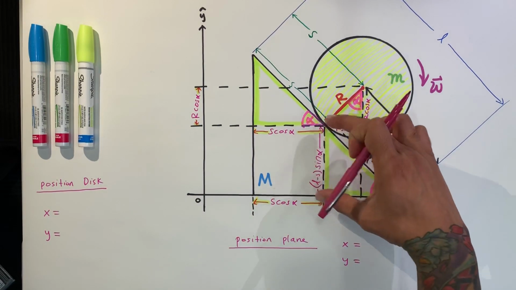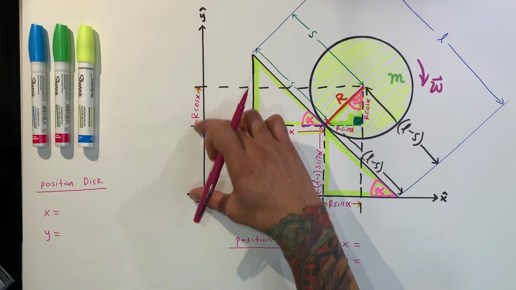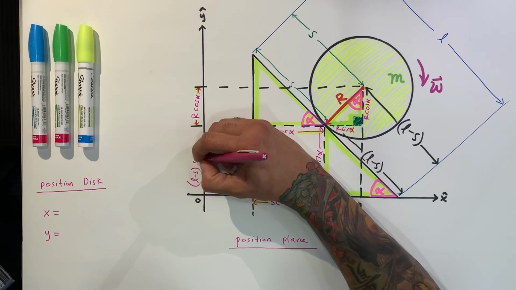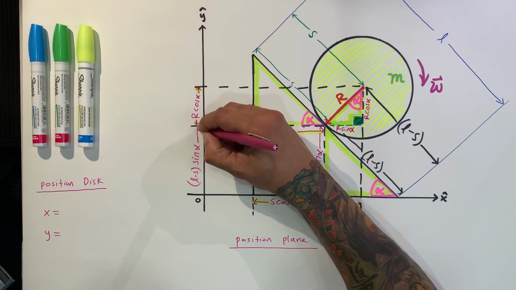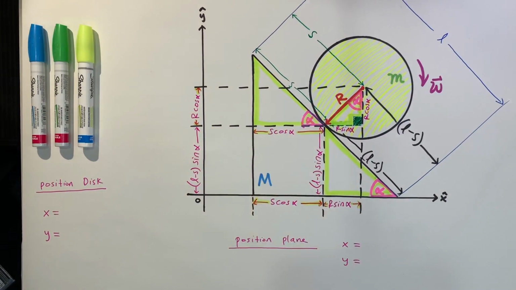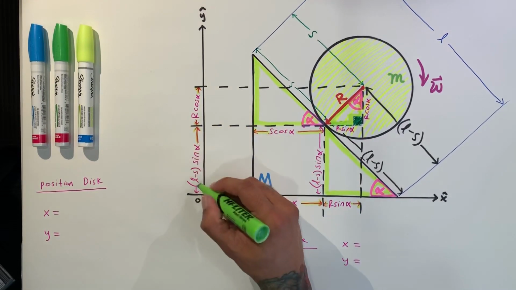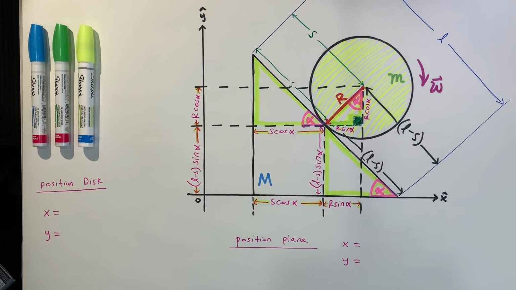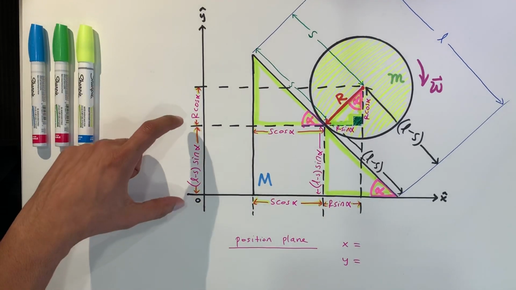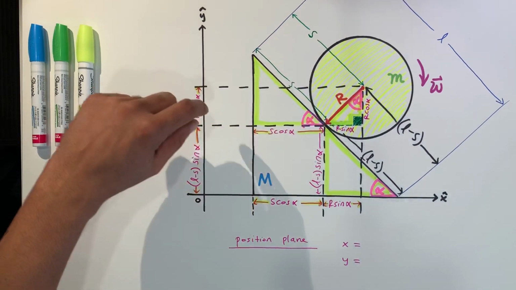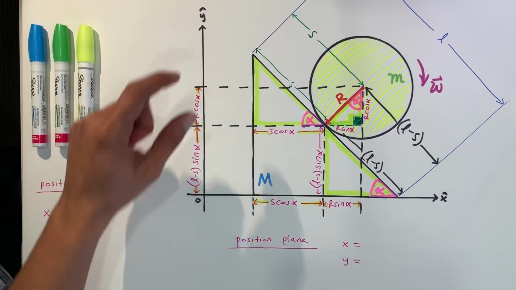We got this side, let's project this over here. And we have L minus S sine alpha, okay? And we're one step closer. So this triangle here now gives us this. All right, so for the Y, we're done identifying where the center of the hoop is. We got this and this filled out.